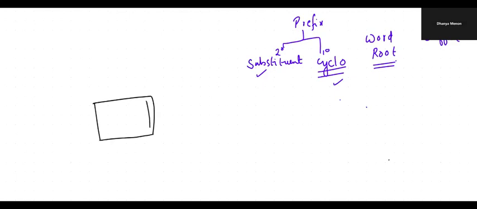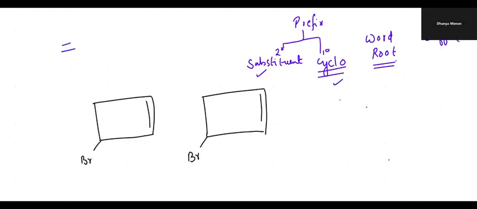Yeah, there's a substituent now. Okay, I'll draw it again so that I can number it in a different way and then compare which numbering is correct. So there's a double bond, there's a bromine here. So if there is a double bond and a substituent, definitely the double bond is getting more priority.